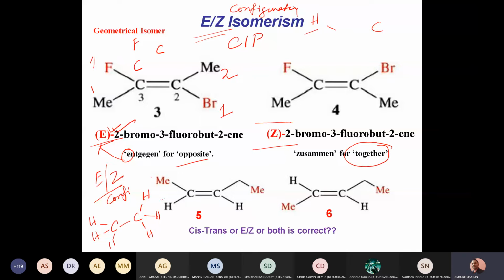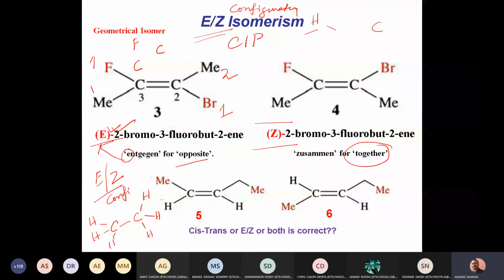So EZ explains the structure more precisely, or more absolutely, I would say. And cis and trans are much more relative stereochemistry. Relative means we always have to compare. But when we say EZ, exclusively the CIP rule comes into play.